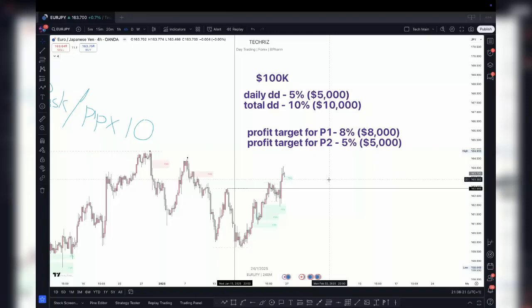So the next day I'll open a mini lot trade, maybe 0.01 lots. I'll just count to 20, so that the broker doesn't think it's a bot. 1, 2, 3, till 20. When it's 20, I close that trade.